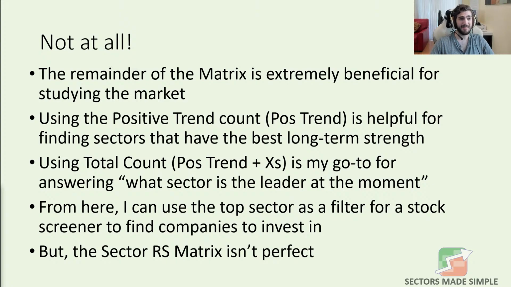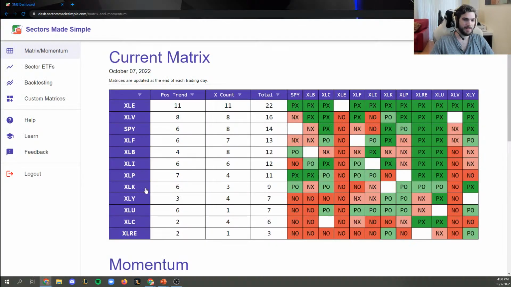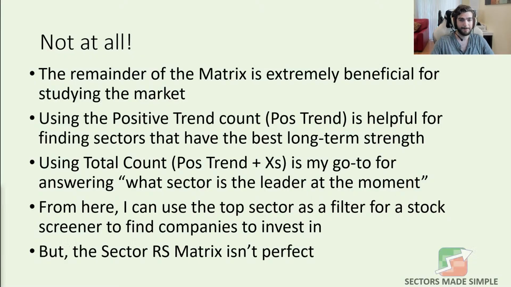The remainder of the matrix is still very, very useful and can be used in many different ways. For example, the positive trend, this long-term strength indicator that we have over here, it's really good if you want to find the long-term stable sectors, the ones that are holding on to those long-term trends. It's really good for that.